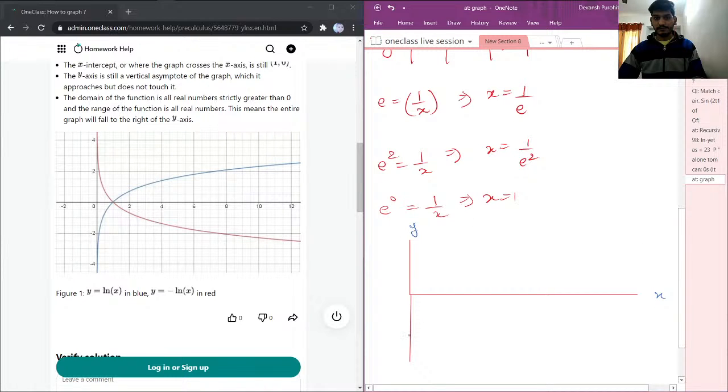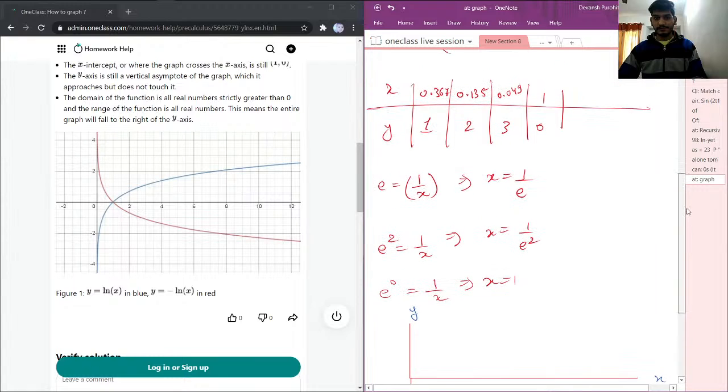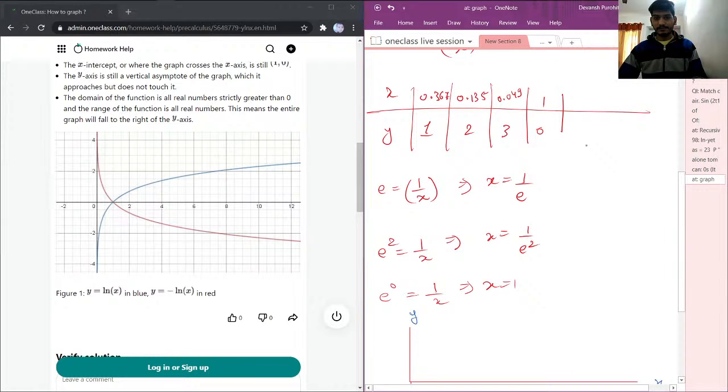This is y. We have some values for negative also. When y is -2, we have e power -2 equal to 1 over x.